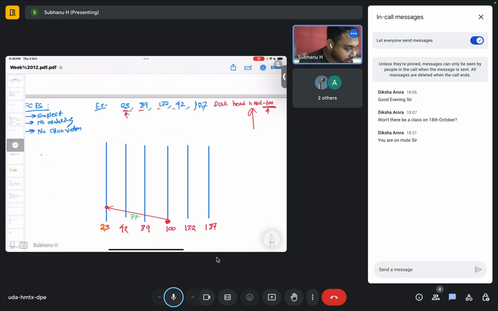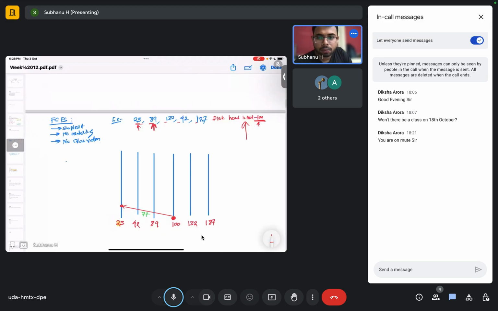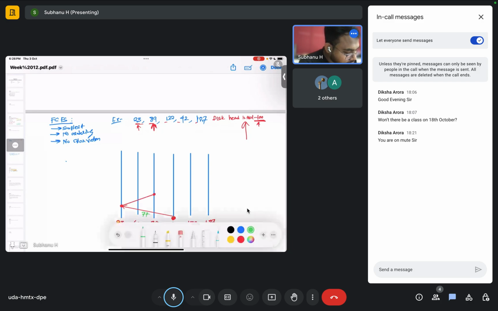Now you are at 23, and you will go to 89. What is the seek time? Seek time means the time you need going from 23 to 89, which is 89 minus 23, which is 66.